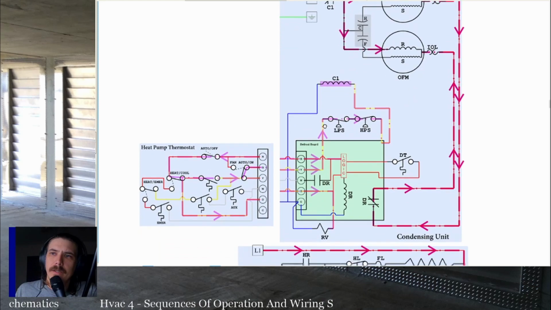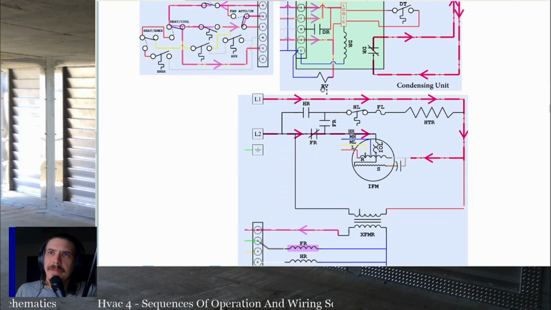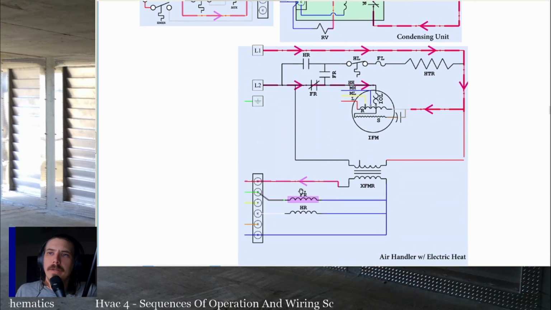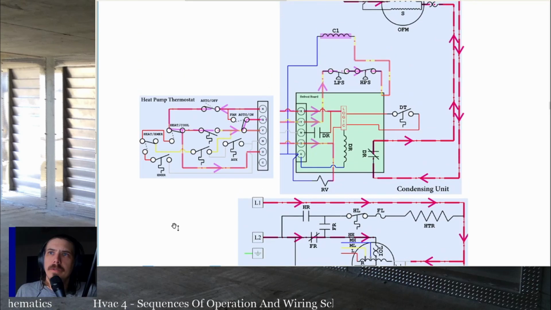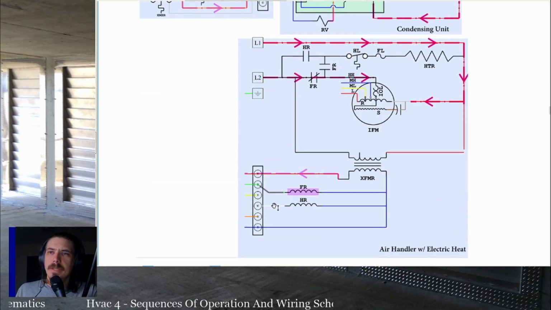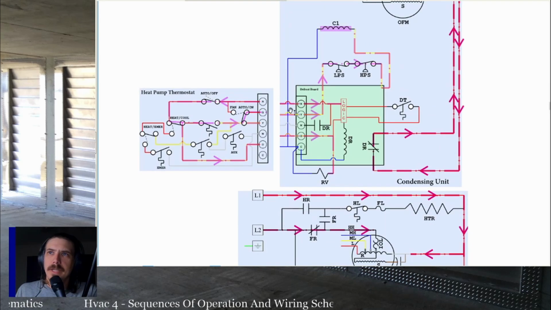Now we can take a look at the schematic when it's actually powered. On this one, I don't actually show the connections between the units on the thermostat wire, but obviously all these terminals labeled the same will be connected with wires that are going to the same terminals between each one.